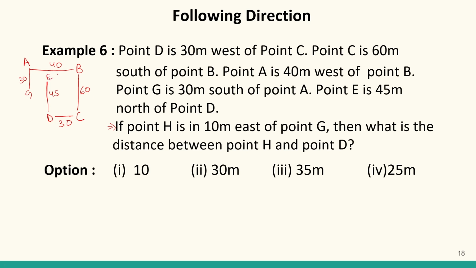Now point H is 10 meter east of point G. So this is G. If we are going east, this will be the direction. It is here. This is point H, 10 meter east of point G. Then what is the distance between H and D? So we have to find the distance between H and D. Very clearly, it will be the same 30. 60 minus 30 will give me 30. So my answer will be option number 2, 30.